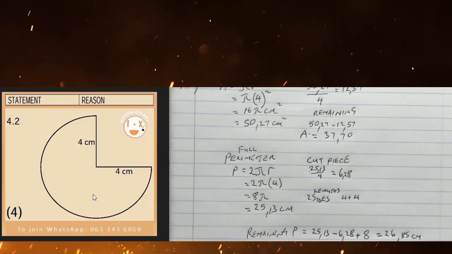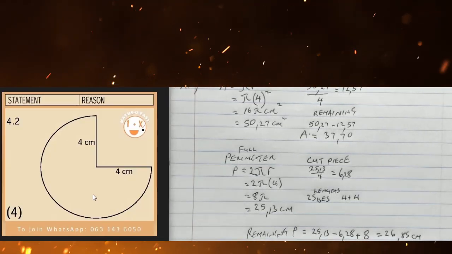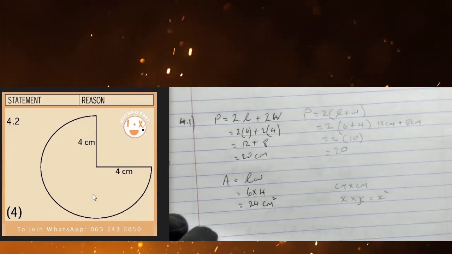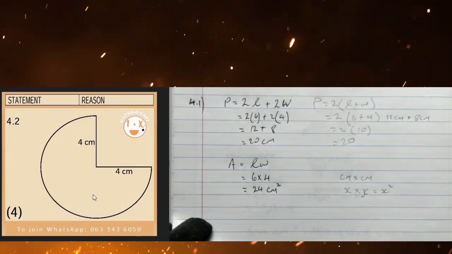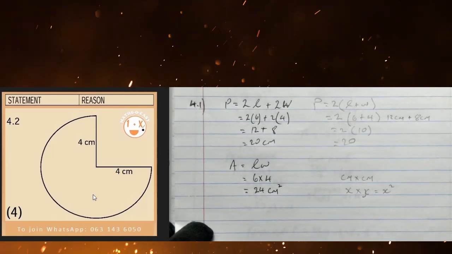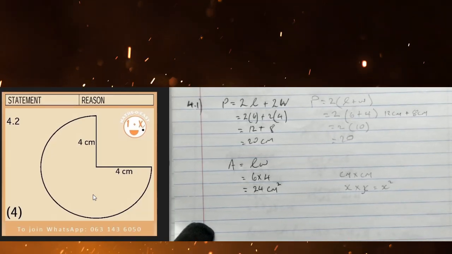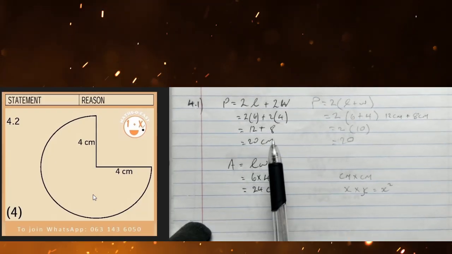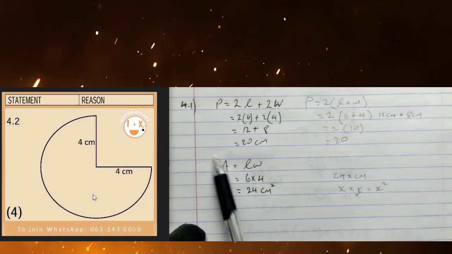Now let me take you back to my first comment. You remember what I said? Sometimes in an exam, look at what the situation is. Maybe I can be held up with time and I won't be able to finish. The first shape was easy. The perimeter was straightforward, so you can do 4.1.